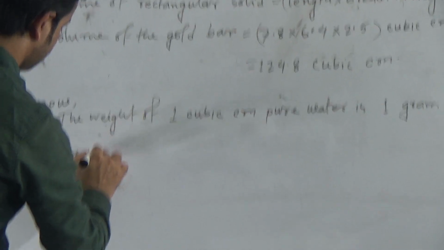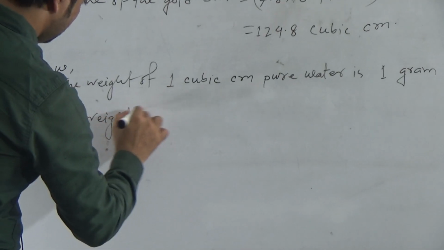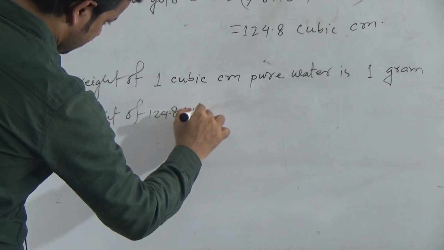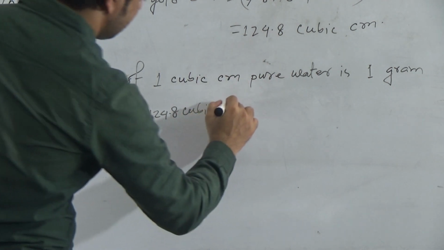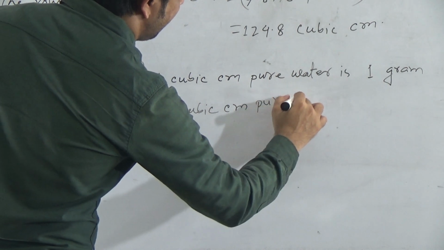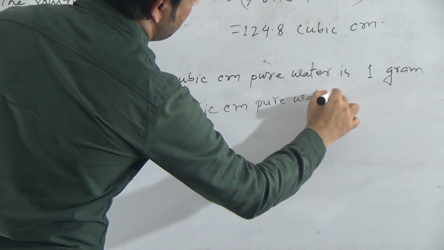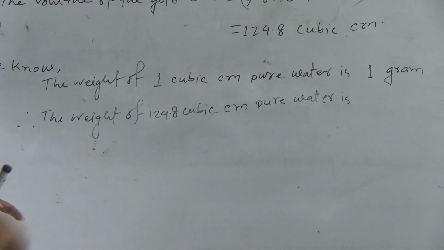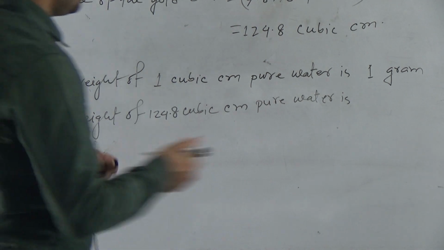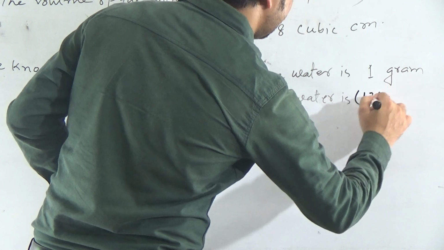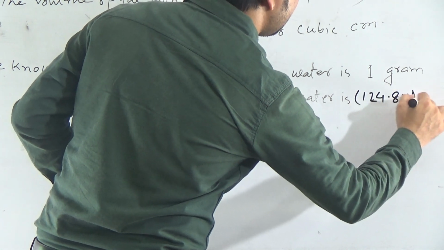Therefore, the weight of 124.8 cubic centimeter pure water is, we have to multiply 124.8 by 1 gram.